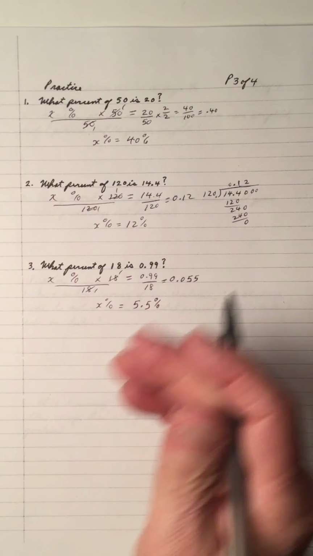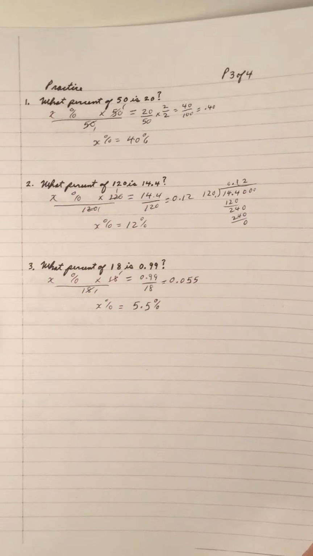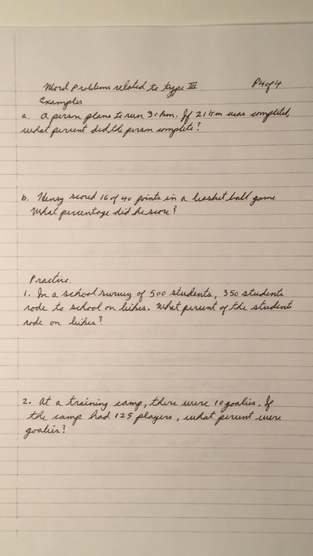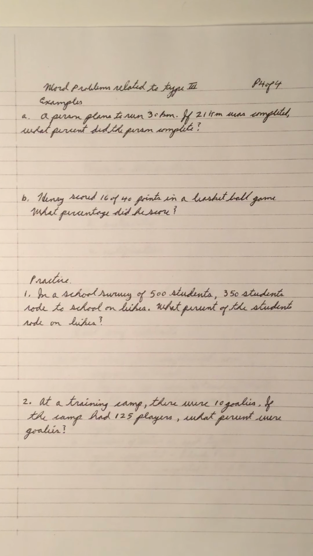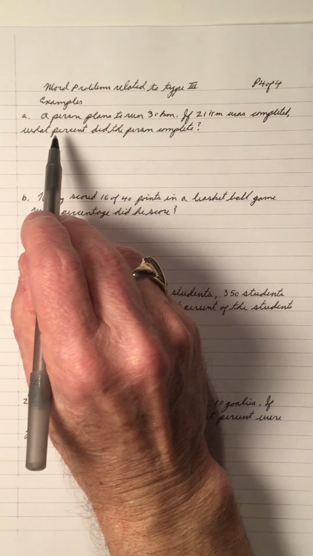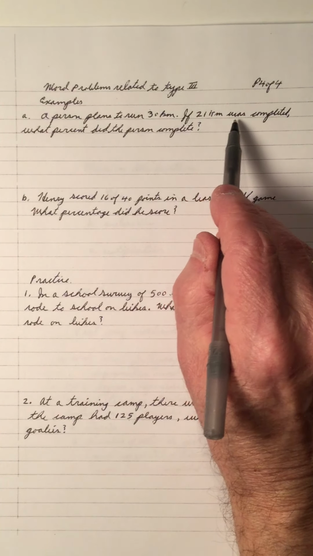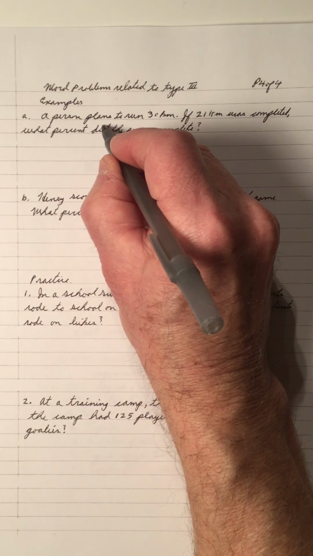But again, try your long division and see if you can work it out. Always good to do the long division with a pencil. Keep your mind sharp. What about some word problems on this type? Well, a person plans to run 30 kilometers. If 21 kilometers was completed, what percent did the person complete?